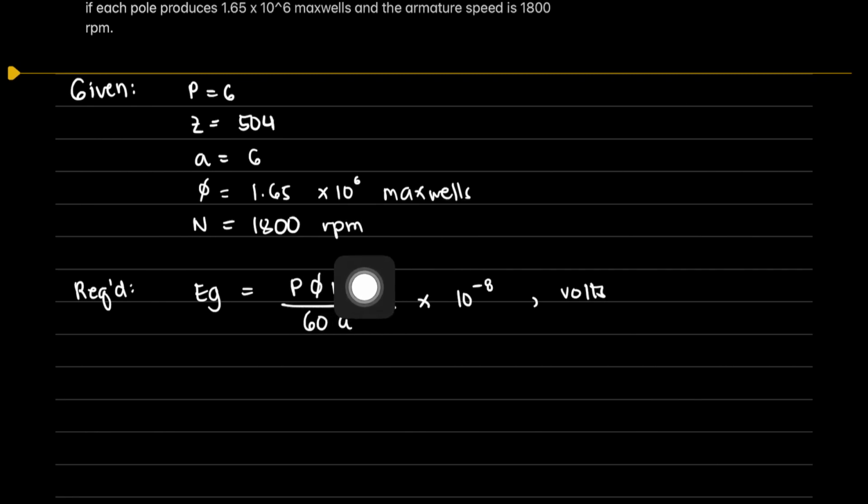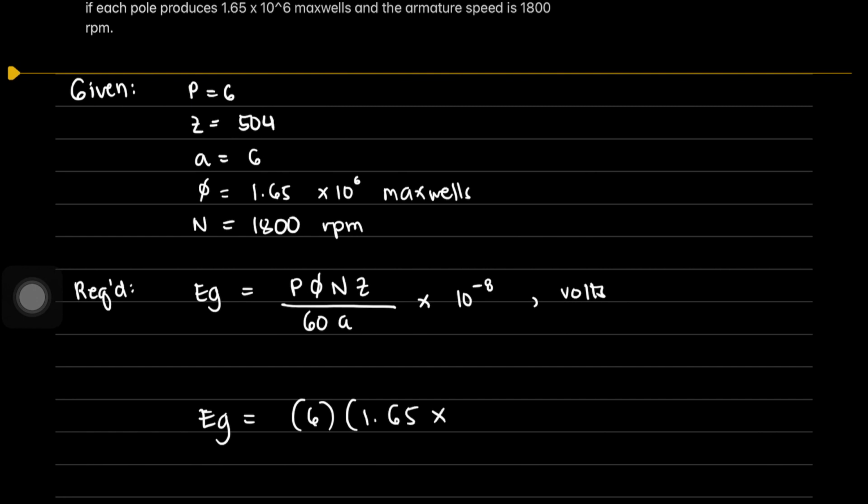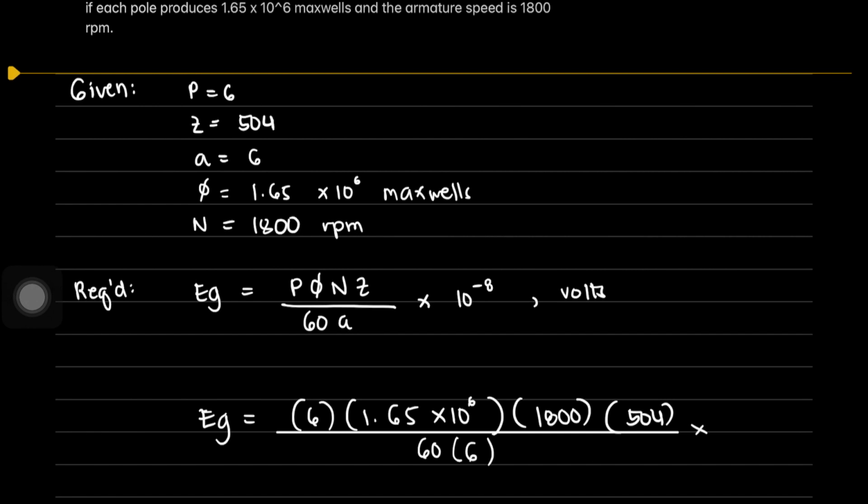Now, we have to take note that the flux per pole must be in Maxwells and the speed must be in RPM. So, if we're going to substitute the given parameters in this equation, we would now have Eg equals 6 multiplied by 1.65 times 10 raised to 6 multiplied by 1,800 multiplied by 504 conductors all over 60 multiplied by 6 times 10 raised to negative 8.